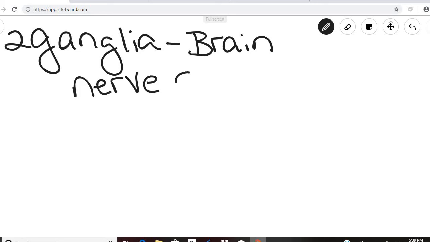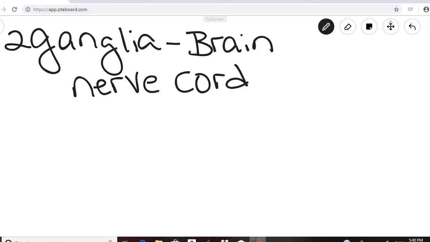Those two nerve cords each have ganglia along the way, so that information gets passed throughout the body along that nerve cord.